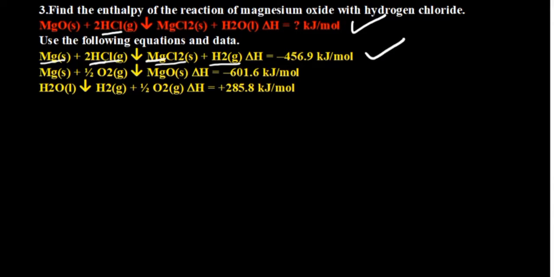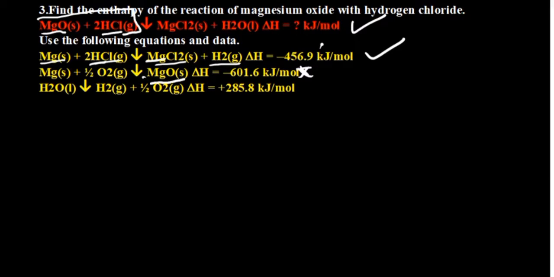The second one, we have magnesium solid, we have half oxygen, magnesium oxide. So anything that is common with the main equation, we have magnesium oxide. In the main equation, it's a reactant. In this equation, it's a product, so we have to reverse it. So this product will become a reactant.